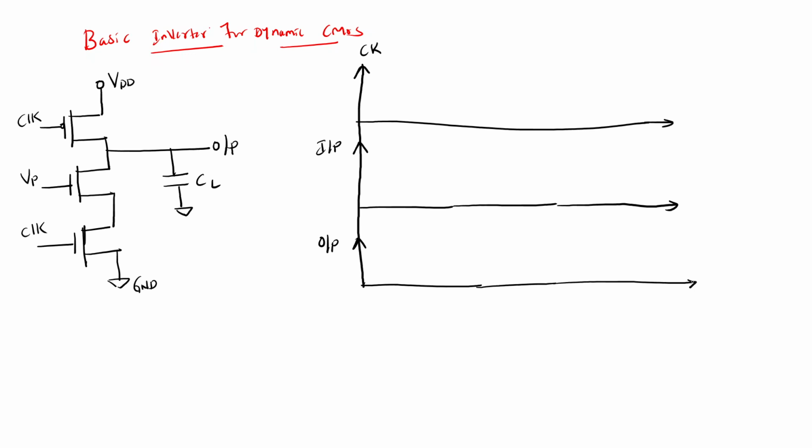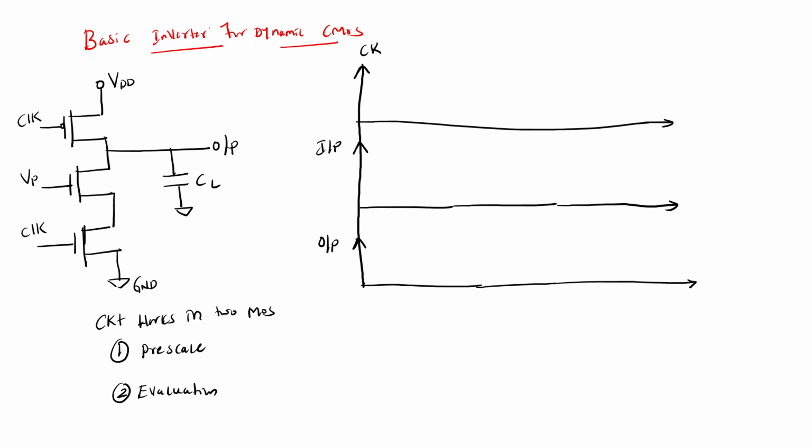Okay, so how does the circuit work? The circuit works in two modes. So what are these modes? These modes are nothing but the precharge mode, and next you have the evaluation mode.